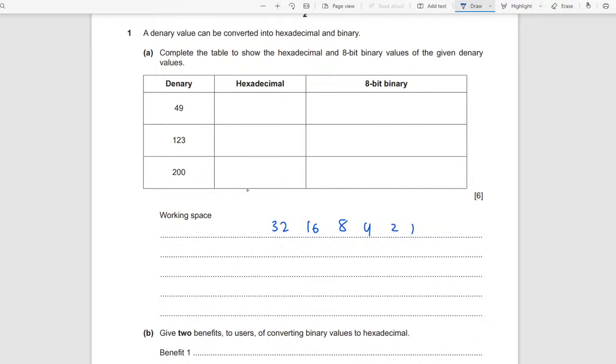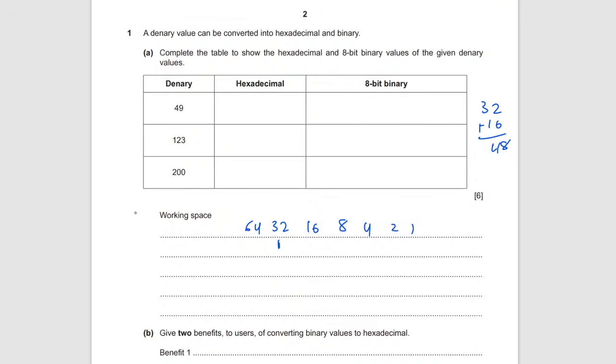So for 49 it will be 32. Let's see, 32 plus 16, 8 4, so 48. Yeah, we'll need that. So we'll need 16, and then we'll need 1, so that'd be 0 0 0 and 0. So 8 bits, so we need 128 here, so that's 0. Okay, so it'll be 0 0 1 1 0 0 0 1.